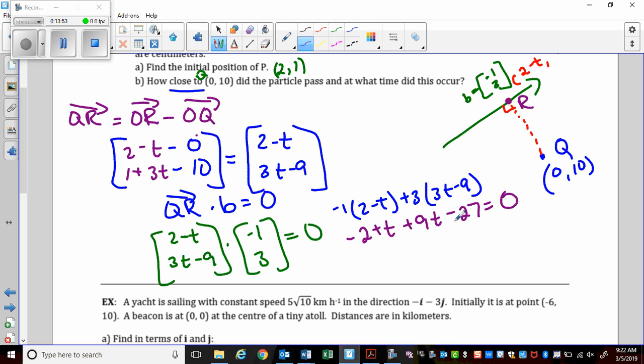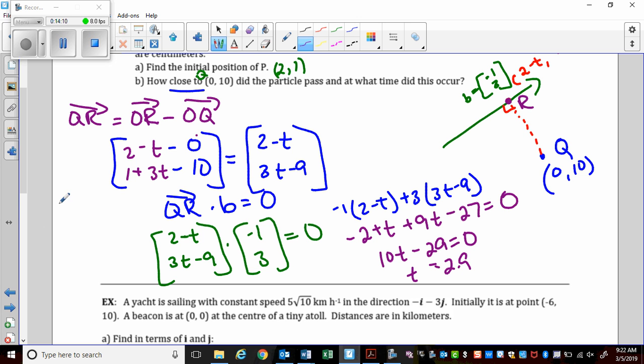Find out where this equals 0. This is going to be 10t minus 29. Move the 29 over, divide by 10, and t equals 2.9.